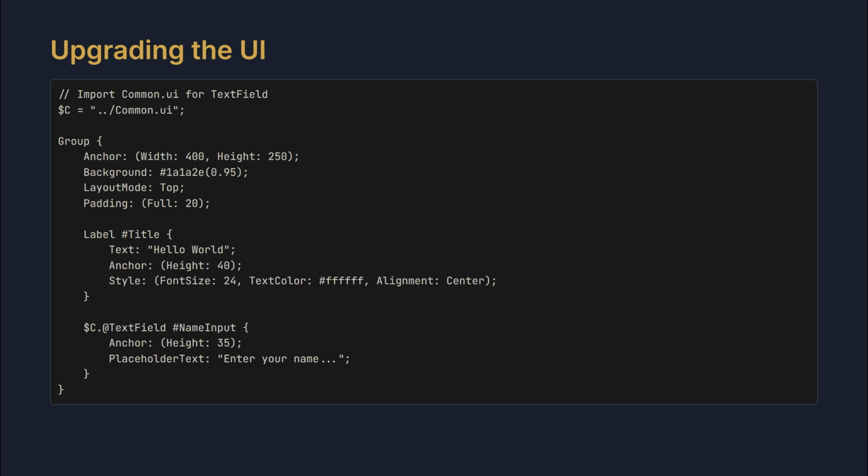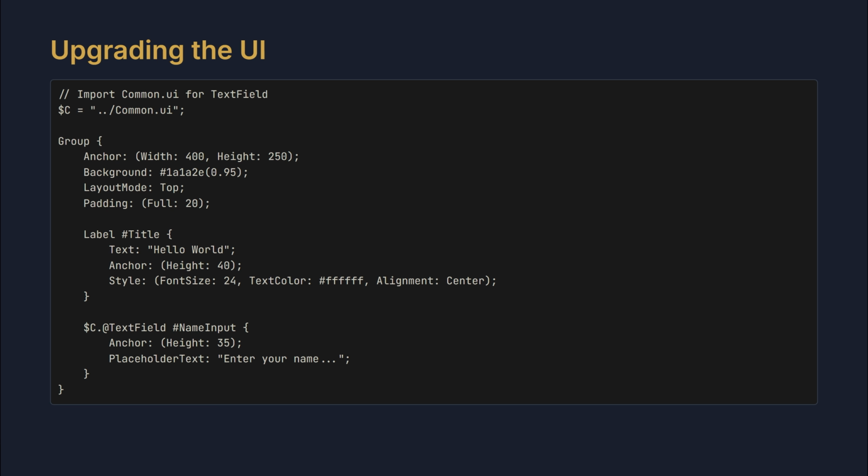For this to work, I need to import common UI for this text field. I haven't figured out every aspect of it yet, but it seems there is a UI library inside Hytale which handles more complex input and UI elements.